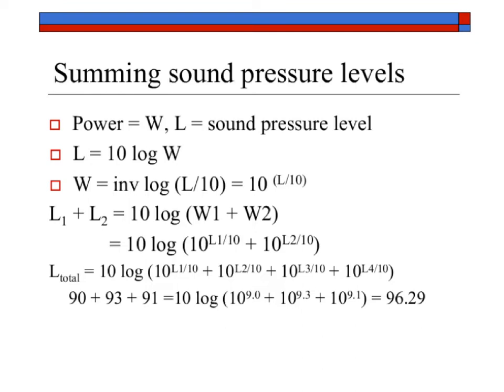So 90 plus 93 plus 91 is 10 times the logarithm of 10 to the 9th plus 10 to the 9.3 power plus 10 to the 9.1 power. That would be a hard problem to do without a calculator, but fortunately we have calculators, so we go through the math here and we find out that the sum is 96.29 decibels. The same process will apply to any combination of sound pressure levels that we're adding together.